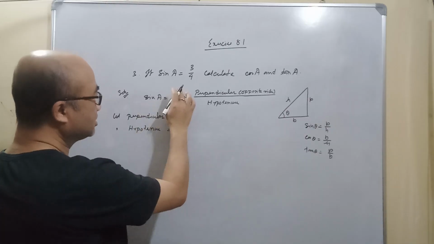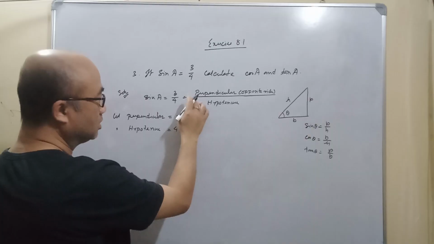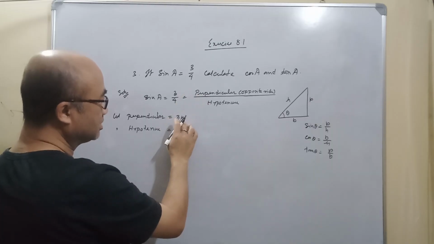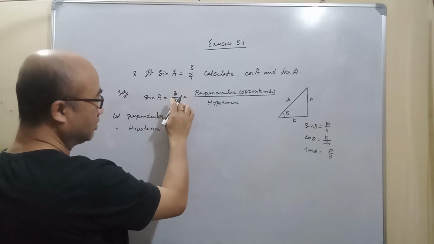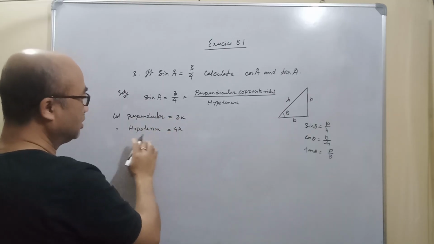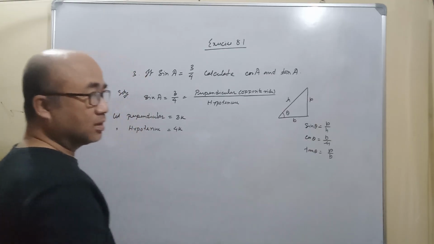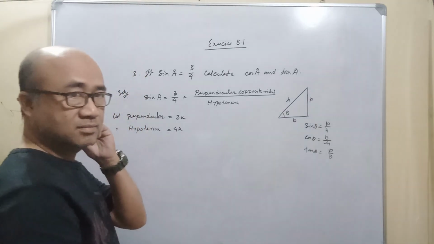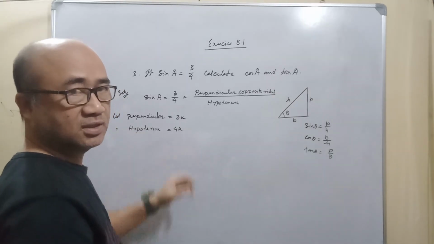Because sin A is 3 by 4, which is equal to perpendicular by hypotenuse. So perpendicular can be written as 3k, and 3k by 4k is equal to 3 by 4. So perpendicular is 3k and hypotenuse is 4k, where k is any positive constant. We don't know what k is, but it is some positive constant.